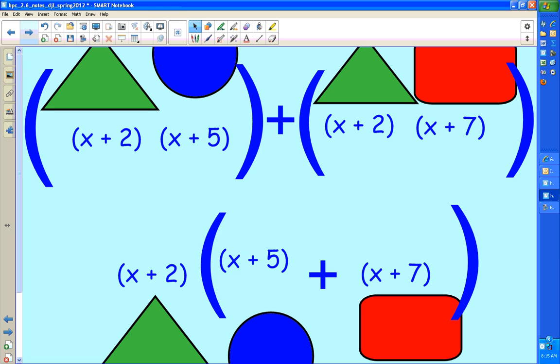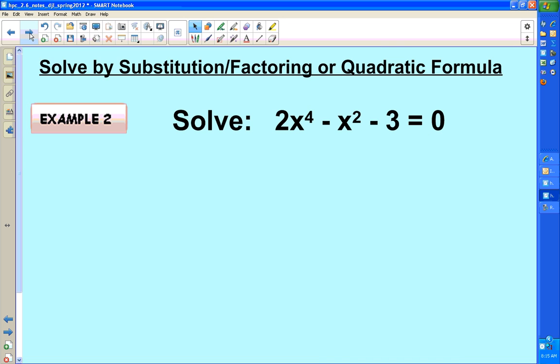People get confused once they wrap things in parentheses. The x plus 2 is what's in common. That comes to the front. You're left with x plus 5 plus x plus 7. Like I said, in your class, when you have 4 or more terms in your factoring, first 2, last 2.